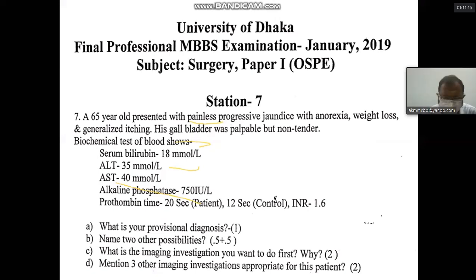Okay. Name two other possibilities. What are other possibilities for this patient? So cholangiocarcinoma. Cholangiocarcinoma.